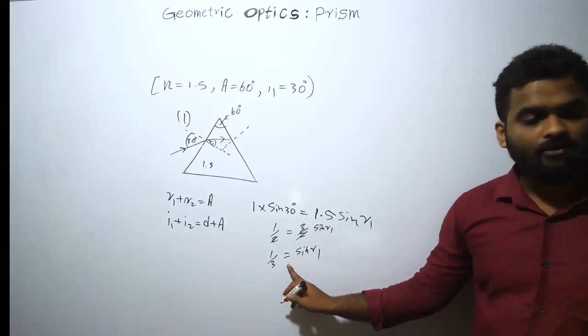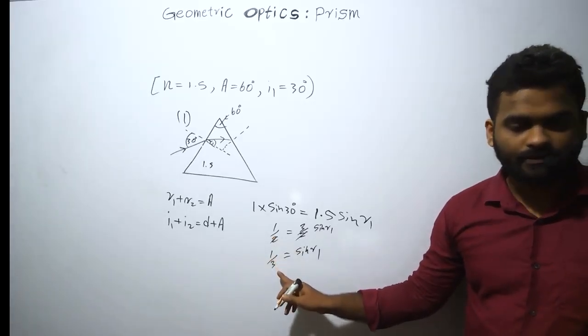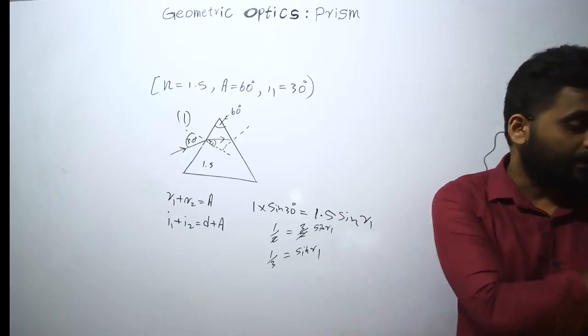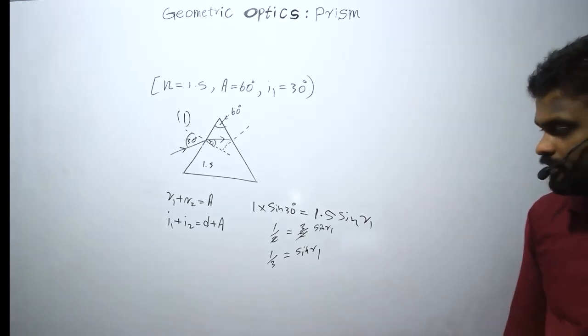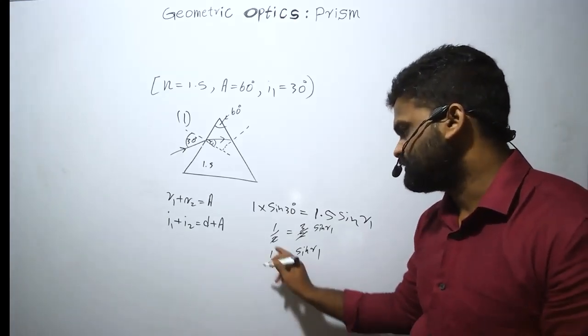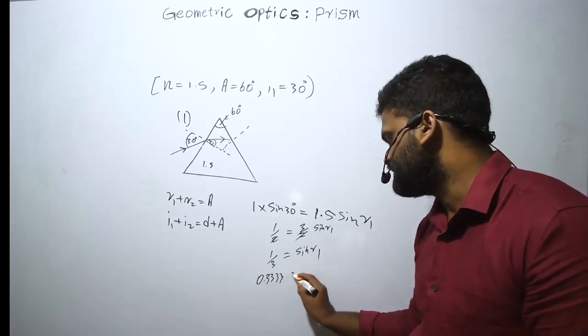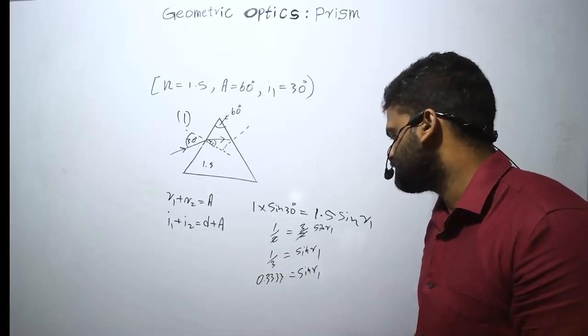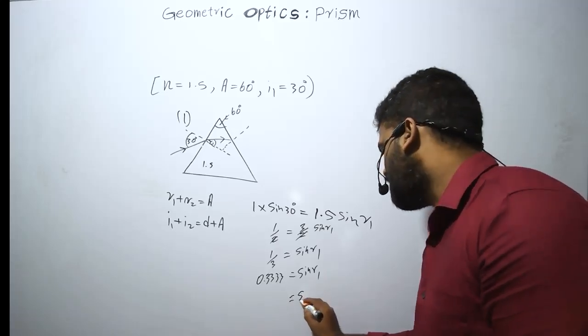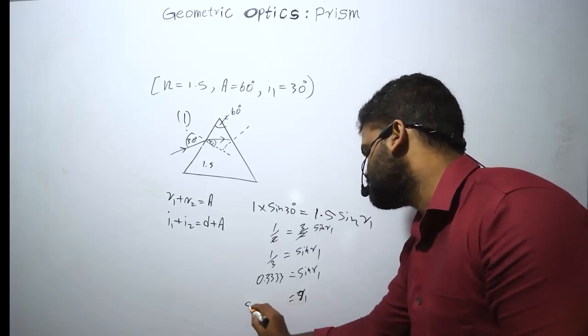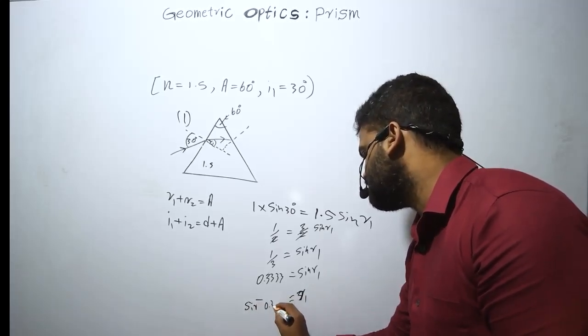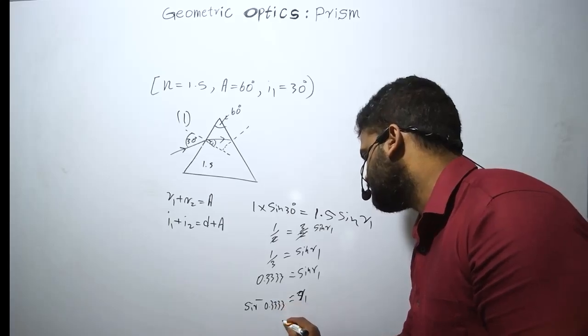You don't know the value of 1 over 3, right? So you have to refer to the logarithm book. You have to convert this into a decimal, that is going to be 0.33 something. So 0.3333 is equal to sine R1, so R1 is equal to sine inverse 0.3333.